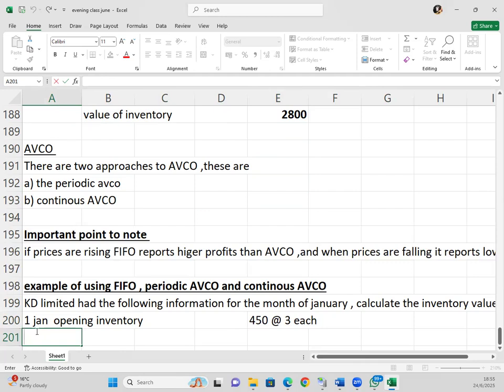Then on 5 January, we bought 200 units at $3.50 each.